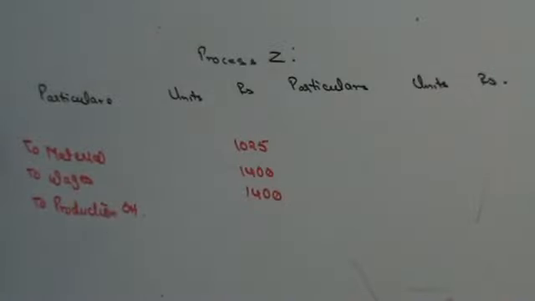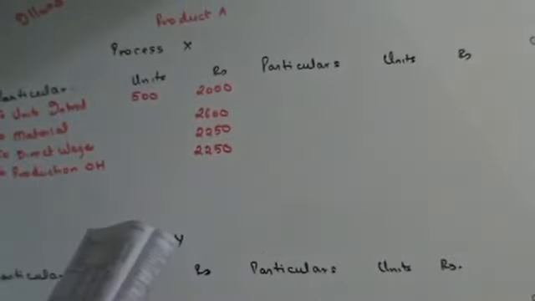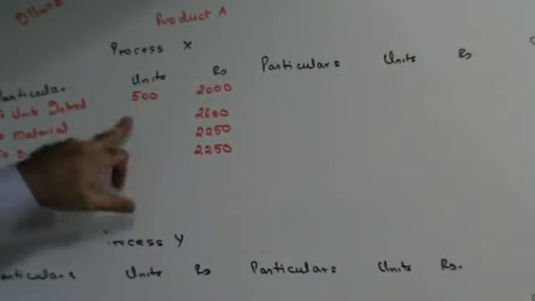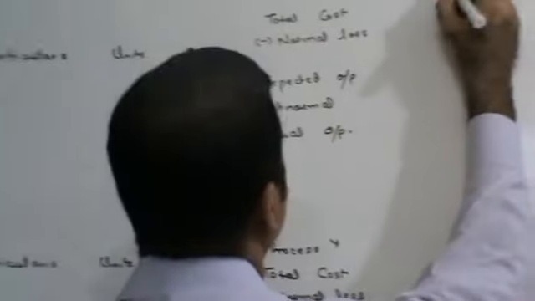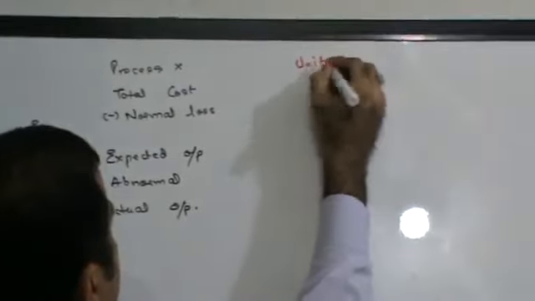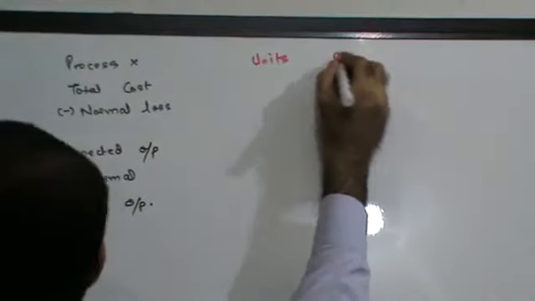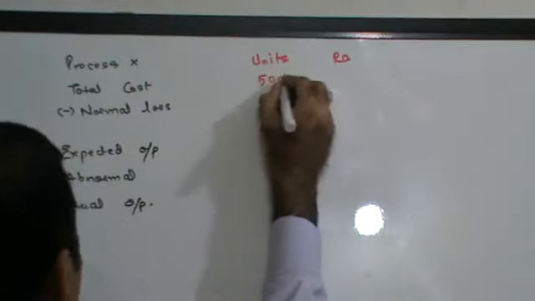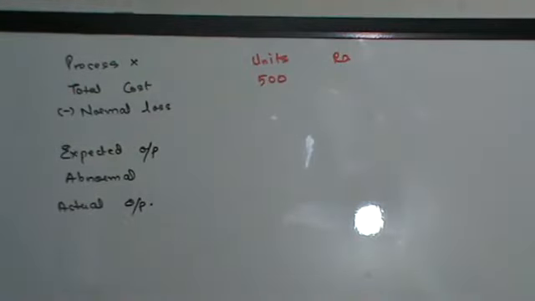Now, let's see this. They've given you this. We've put in all the entries. Let's start. This is 500 units, rupees. 500 units is the total cost. Total rupees is 2468, 8000, 9000, 9100.